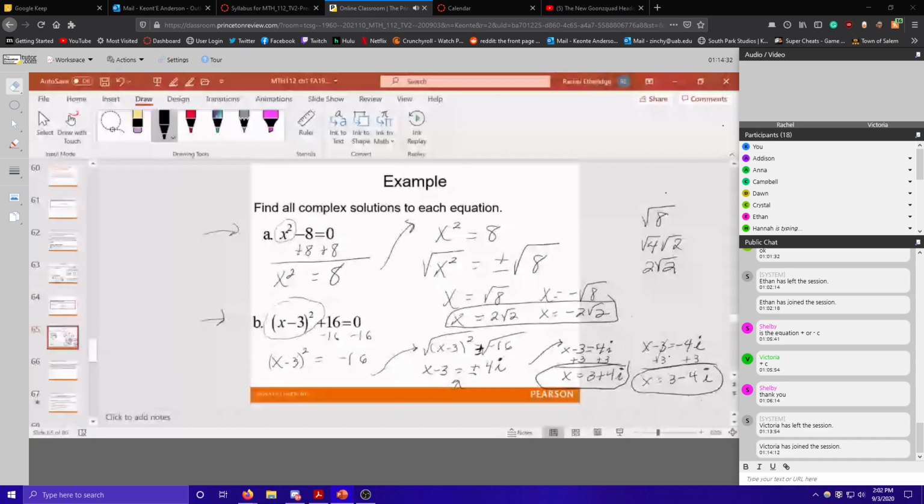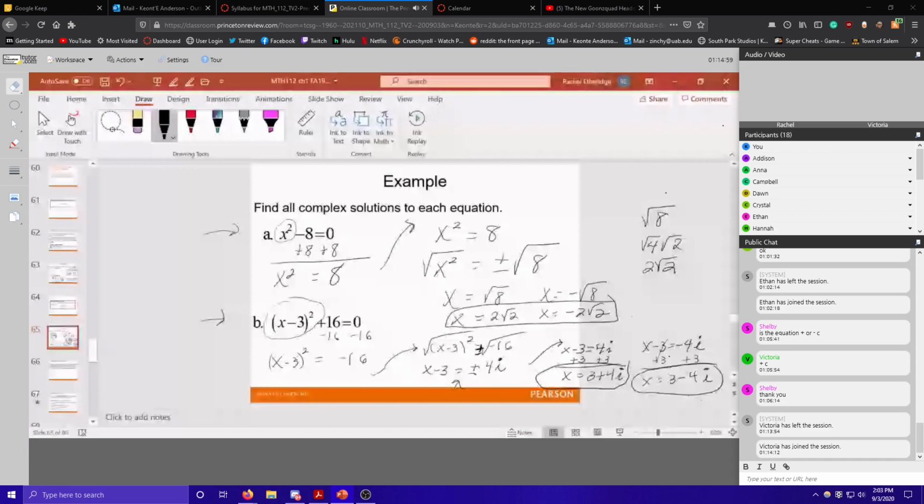What did you do after? I'm kind of confused. Like, you got x minus 3 squared equals negative 16. Then what did you do? I took the square root of both sides because that's my whole goal, is to solve that equation for x. So just like up here, look at the first problem. I had x squared equals 8. I took the square root of x squared. I got x.